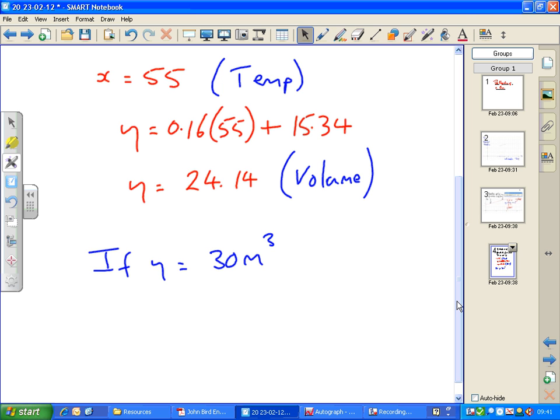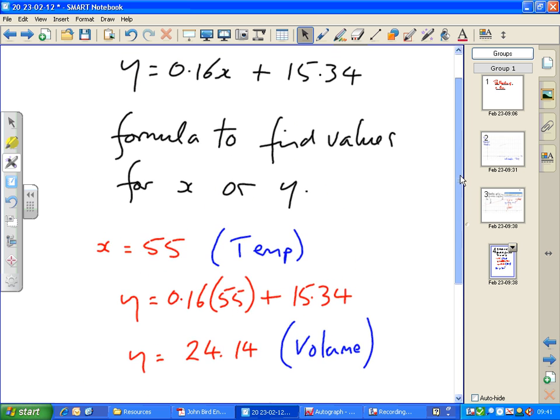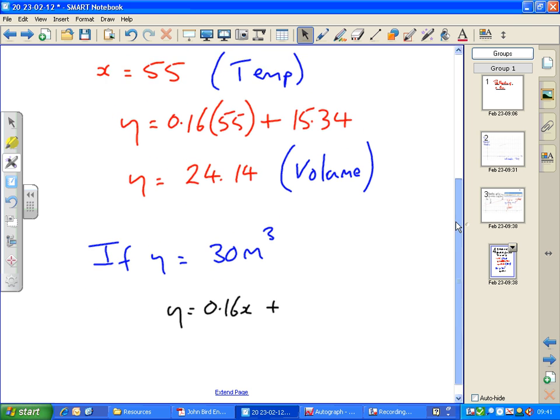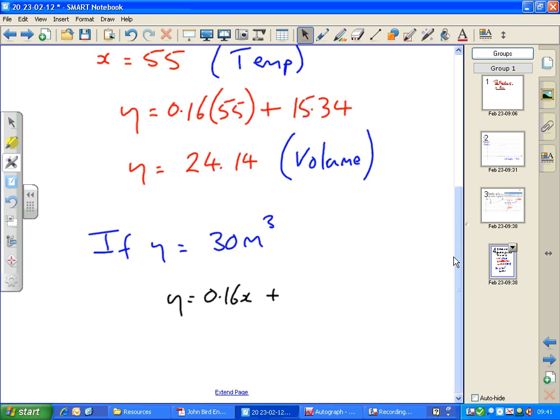So write down the formula. y equals 0.16x plus 15.34. Rearrange the formula, find x.